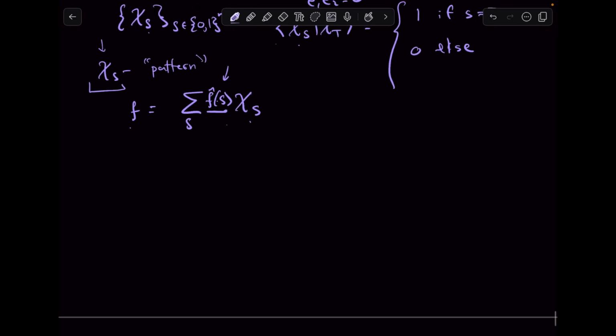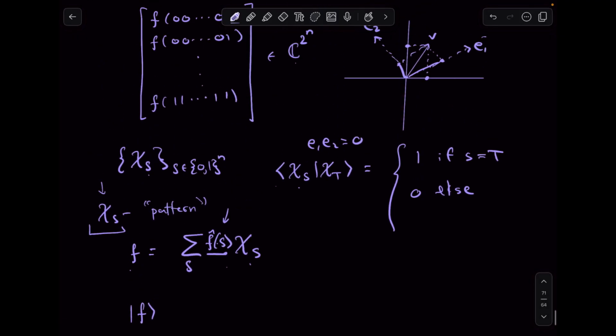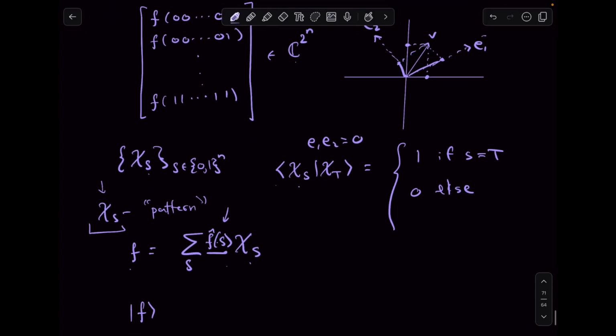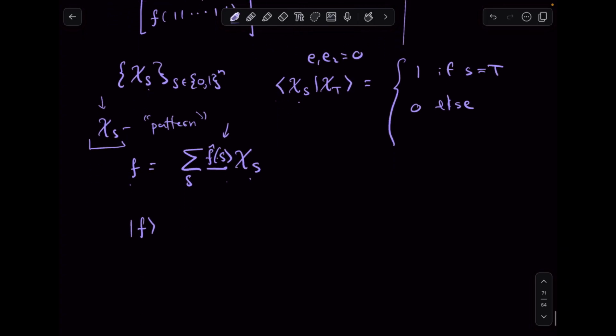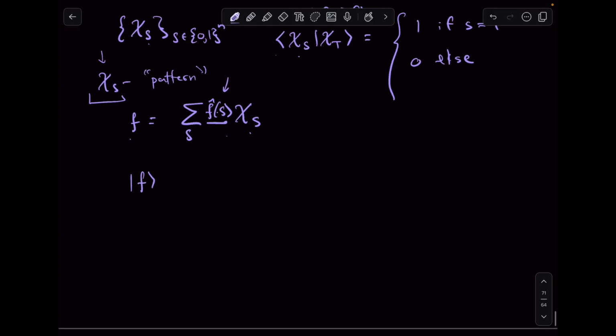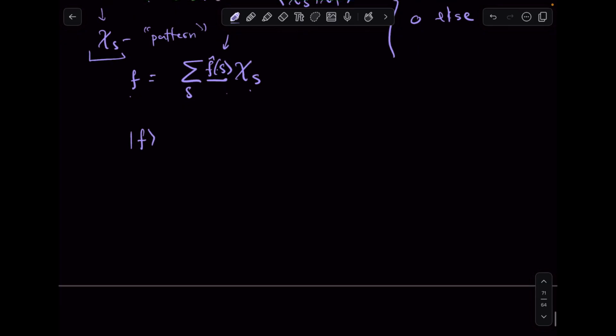And thinking of this in terms of vectors, as a unitary transformation, if we have some f, which now I'll just put a ket around because we're halfway there. We have a vector. In order for it to be a quantum state, it just has to be normalized. And we're not going to worry about the normalization constant, but we're just going to start referring to this thing as a quantum state.